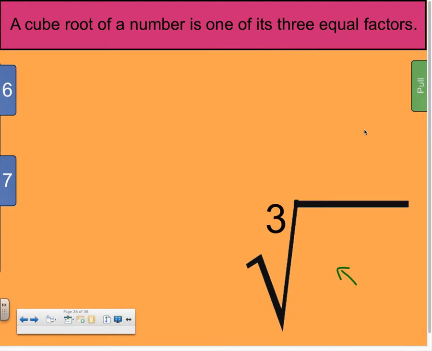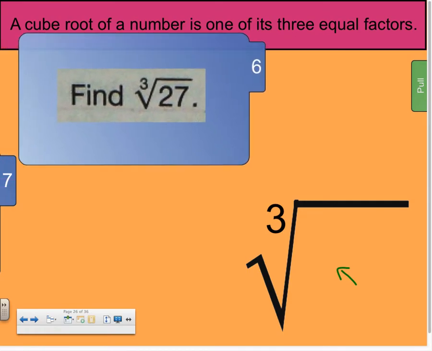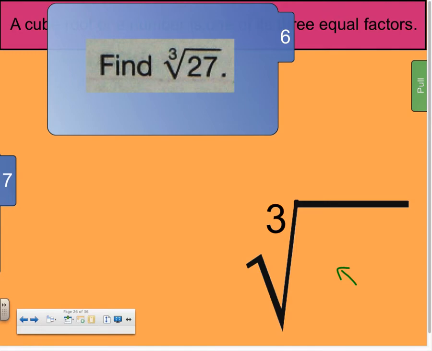Now, cube roots are something that are hard to do in your head. So once again, this is where a calculator can come in very handy. Let's look at this first example. We have the cube root of 27. So what times itself 3 times is going to equal 27?